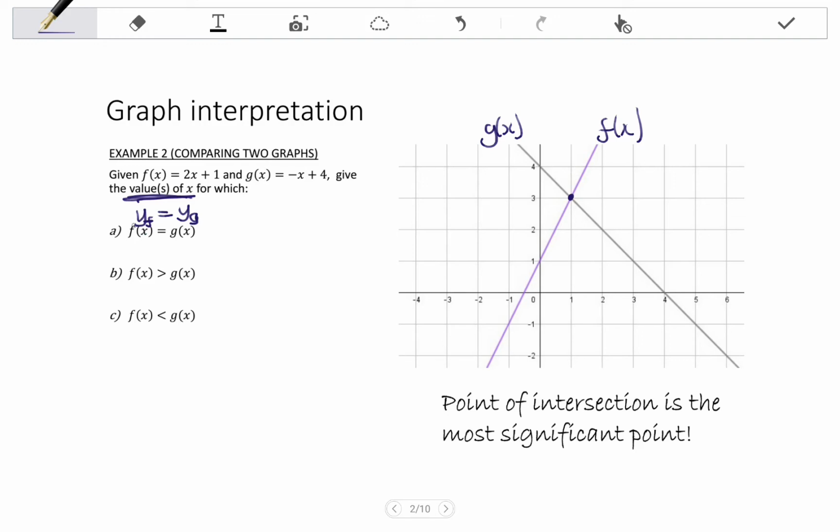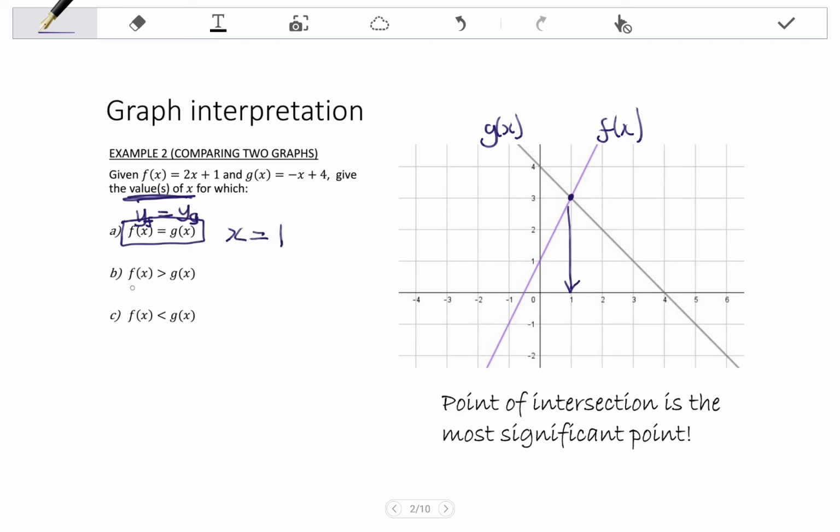So you must recognize this. Where one graph is equal to the other graph, it is asking you for the point of intersection. Again, understand the question, find the part on the graph, and then answer in terms of the x coordinate. So the point of intersection occurs where x equals 1.